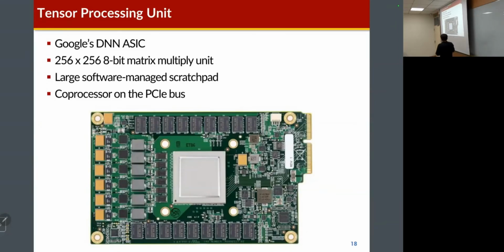TPUs are deployed in the Google data center, and they are used for the inference or training of the deep neural networks or convolutional neural networks in the Google data center. TPU is a very famous domain-specific architecture, but it's called Google's DNN ASIC.